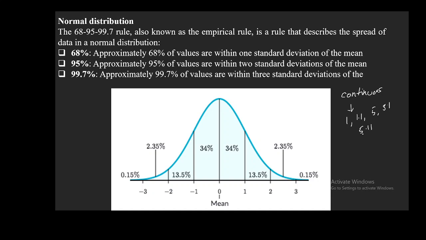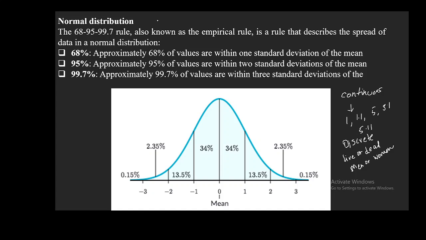This is a continuous variable. And the discrete variables are like whole numbers. For example, either live or dead, either man or woman, like this.